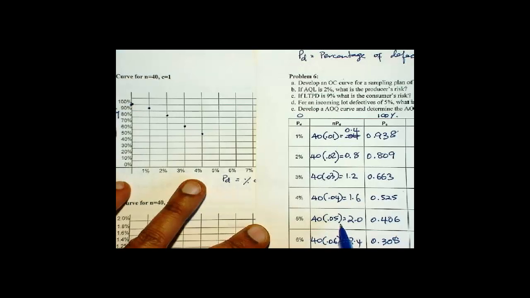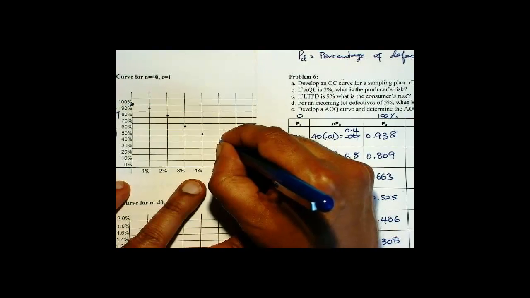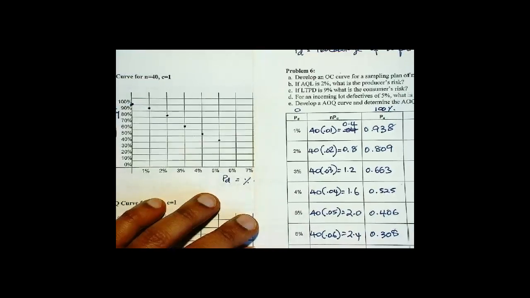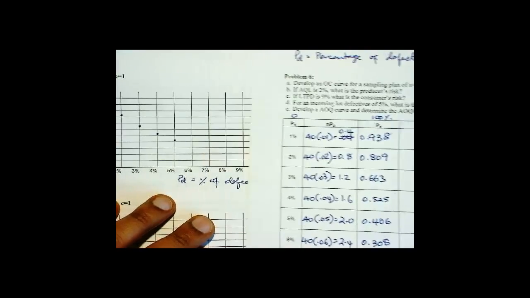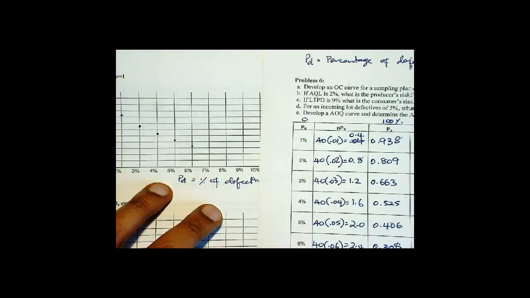Five percent is 0.406. 6% is 0.308. 7% is 0.231.